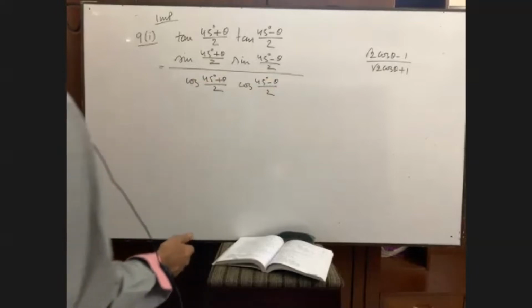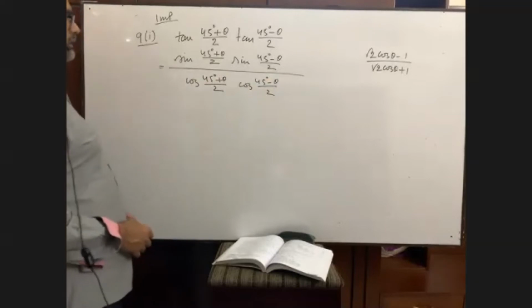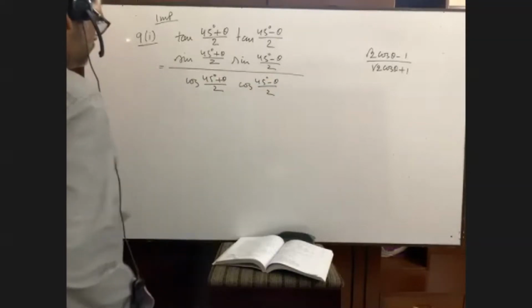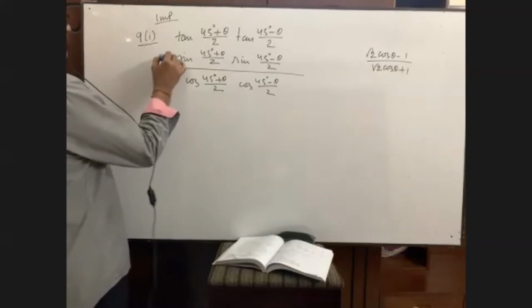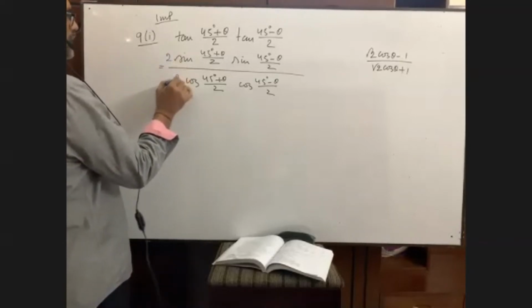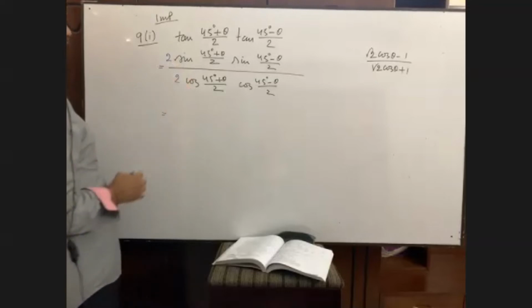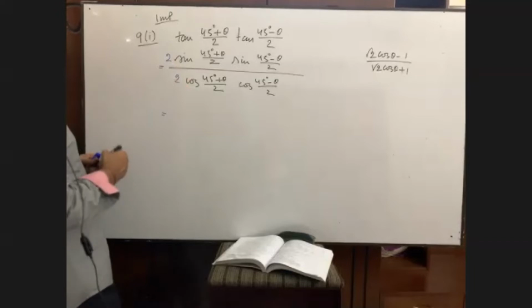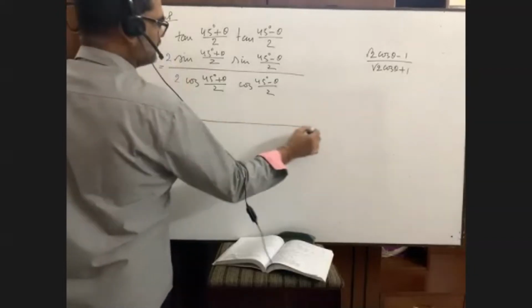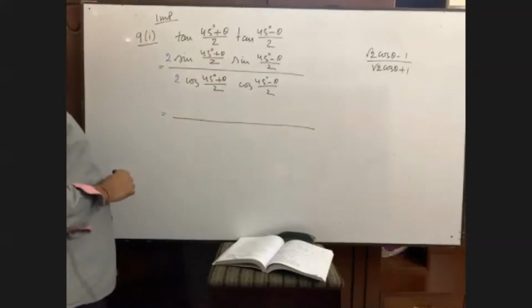Yes, sir. Okay. Now you see, if I take a 2 here, if I take a 2 here, if I take a 2 here, now what becomes? 2 sin A sin B. What is the formula?